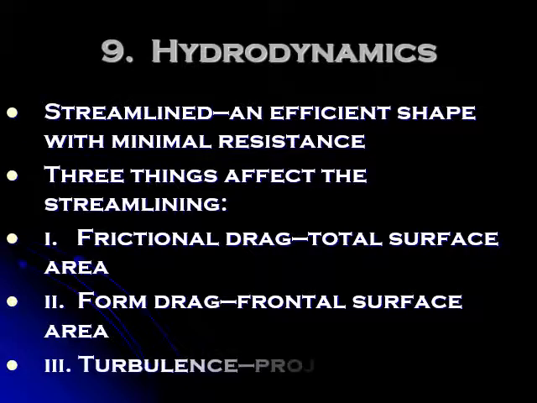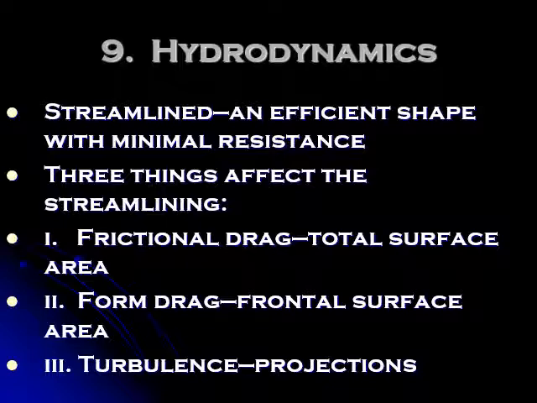The last is going to be turbulence. This is going to be made by projections. So the more projections that you have, the more turbulence that's going to be created in the water. Again, turbulence is going to be stirring up the water. Very similar to turbulence that you might have on land from an airplane landing, and you see these swirls of wind or condensation.